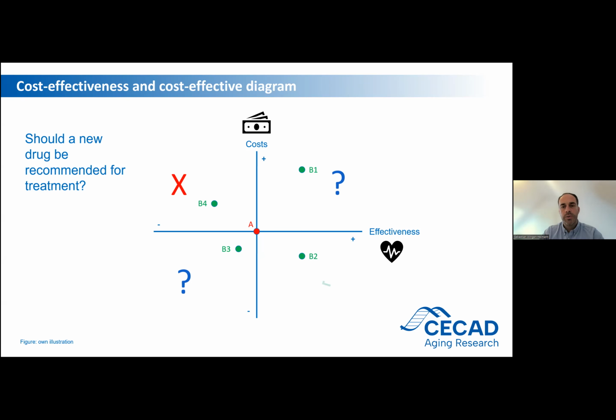And we also see a clear decision towards B2, which means that the new drug is more effective and less costly compared to A. So this is a very simple overview regarding the cost-effectiveness diagram.